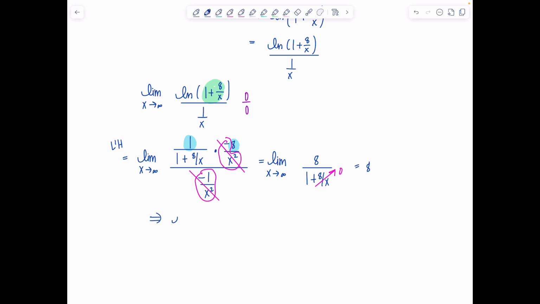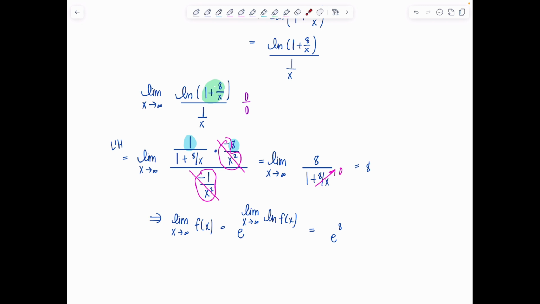Well, the limit as x goes to infinity of just f of x would be e raised to the limit as x goes to infinity of the natural log of f of x, right? You can just pass this e through, they would cancel, and then you would have the limit of the original function. So the limit of my original function is e to the 8th.